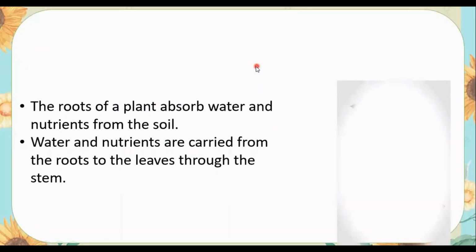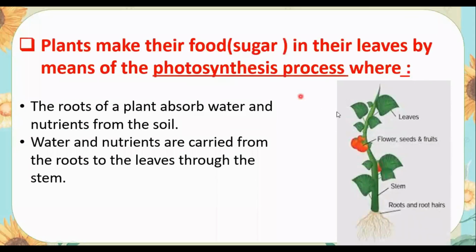For that part, I am also giving you an example of plants, and also showing you the roots here, also the stem, flower, seeds and fruit, and also the leaves. I can tell you that plants make their own food, sugar, in their leaves by means of the photosynthesis process.